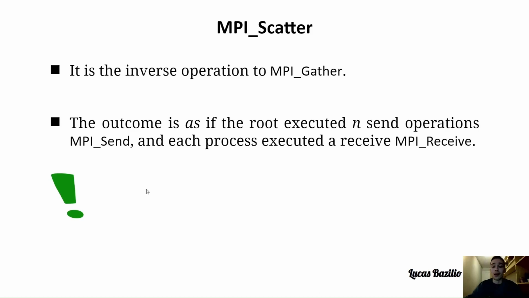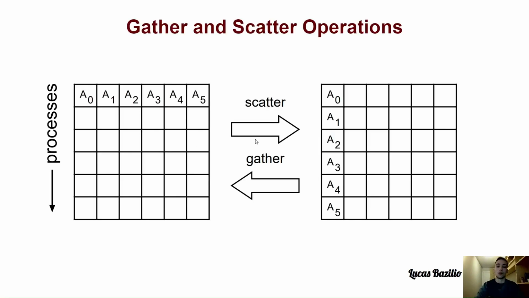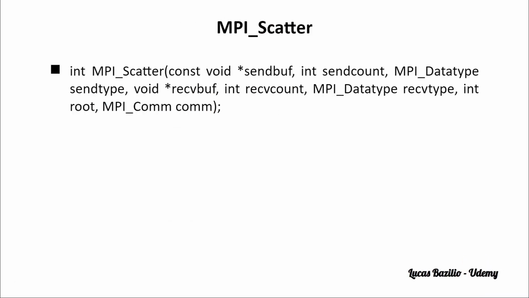So an alternative description is that the root process sends a message with MPI send, and this message is split into n equal segments, supposing that we have n processes, and the ith segment is sent to the ith process in the group, as we can see here. The message is divided into n segments, and I have n processes, and so the ith process receives the ith segment. So if we analyze the arguments of the function MPI scatter, we can see how they are very similar to the function MPI gather.